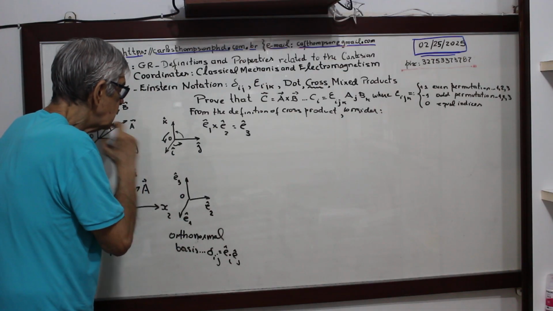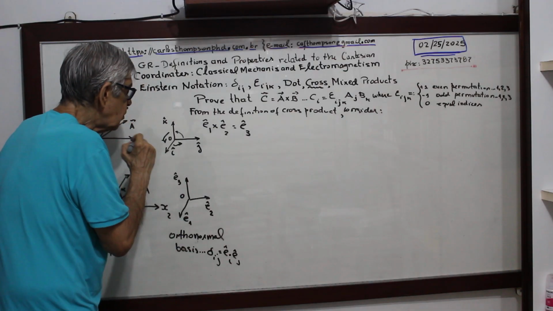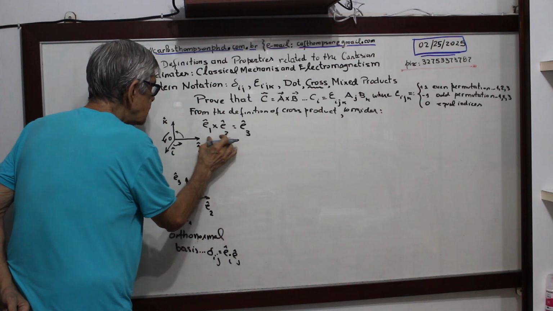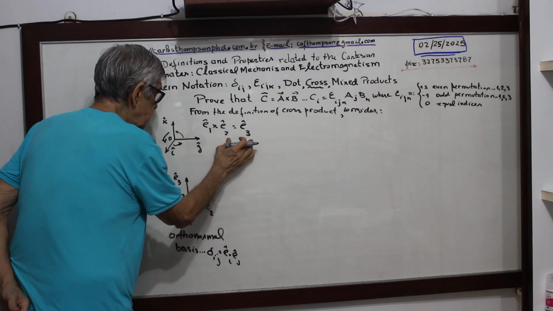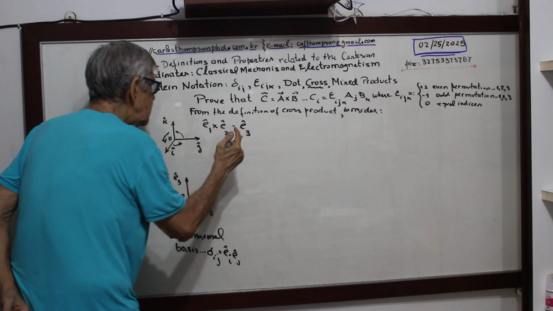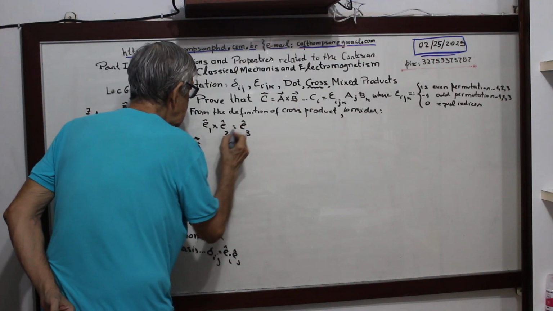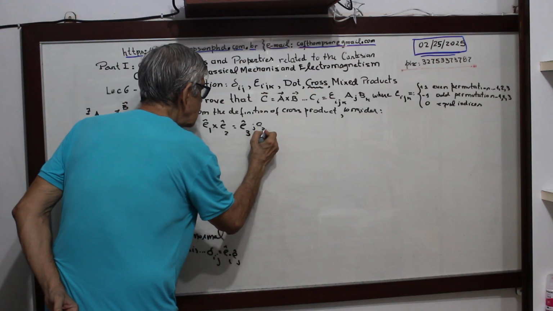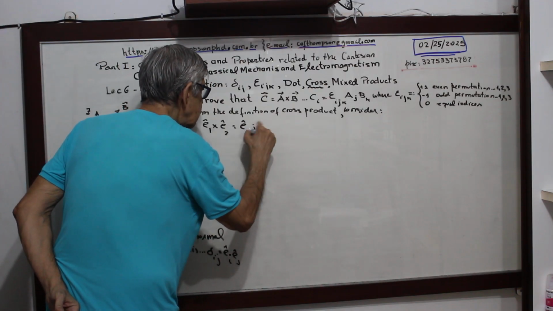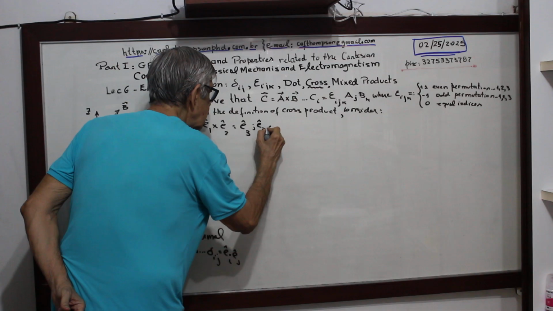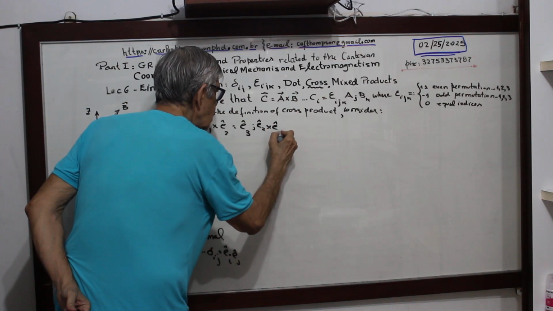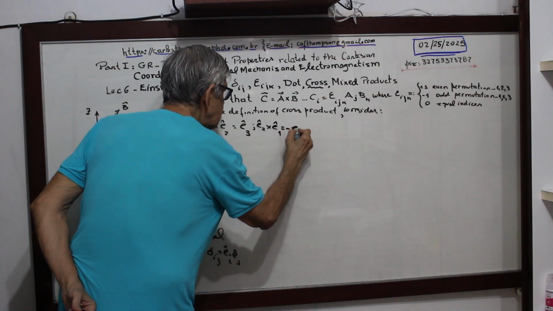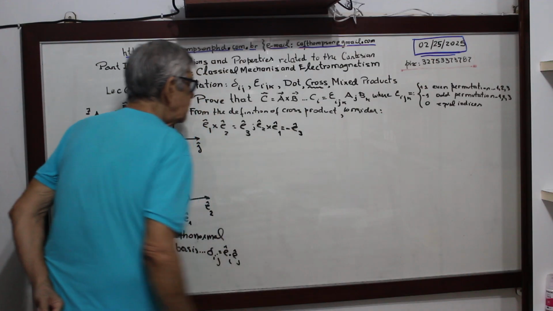Now, look how interesting. e1 cross e2 is equal to e3. Obviously, if I have e2 cross e1, it is minus e3.